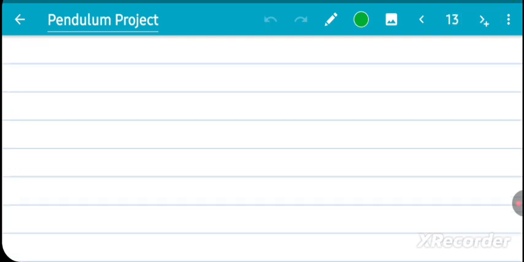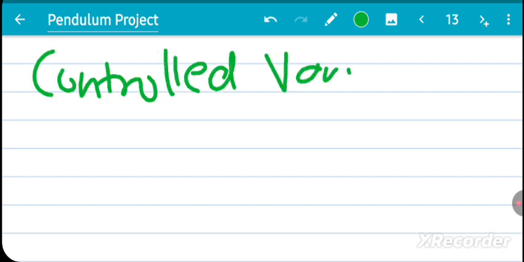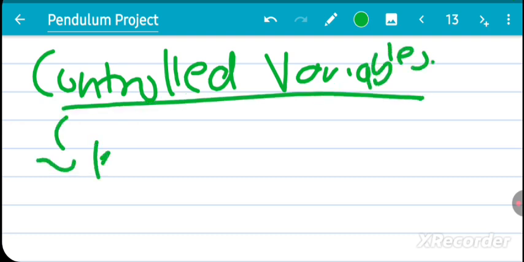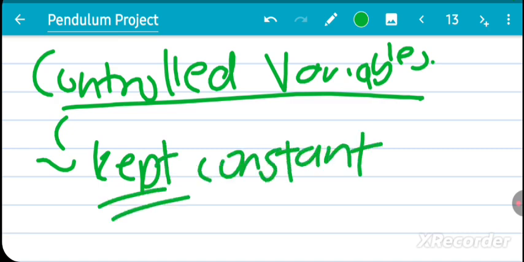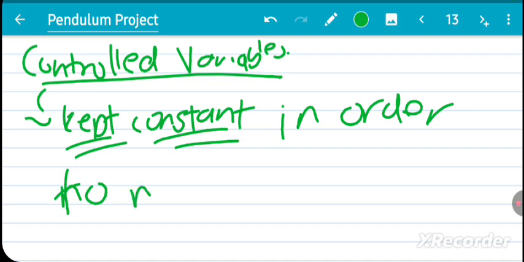And lastly, let us talk about the controlled variables. Now the controlled variables, these are factors that are kept constant. They could change, but you want to keep them constant in order to not interfere, to keep the experiment fair.